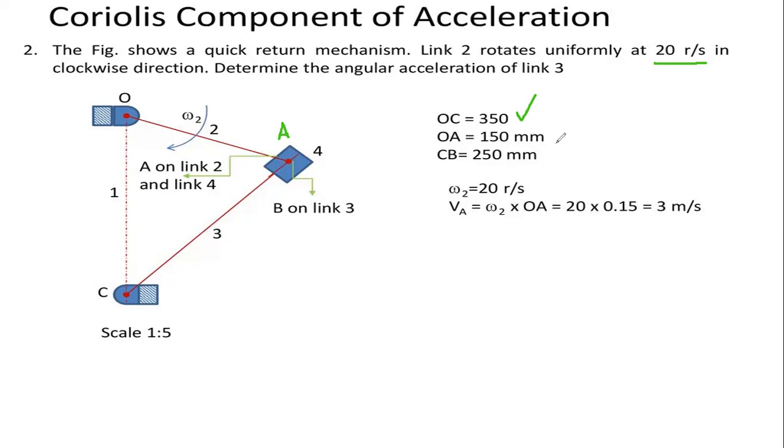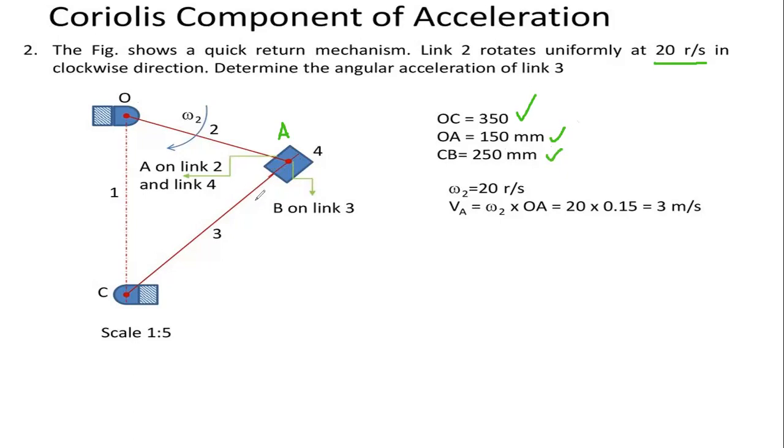OA is 150 mm, which is on link 2, so the point A is on link 2. CB is equal to 250 mm, which is on link 3. So this slider has different points.